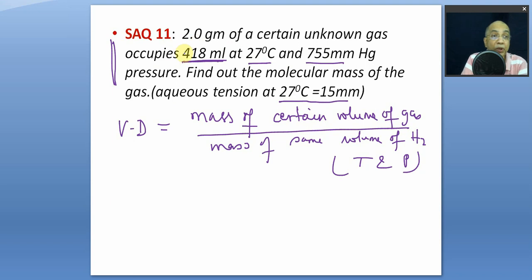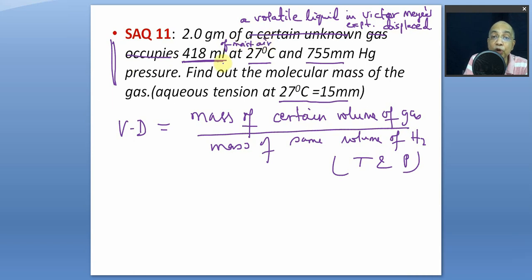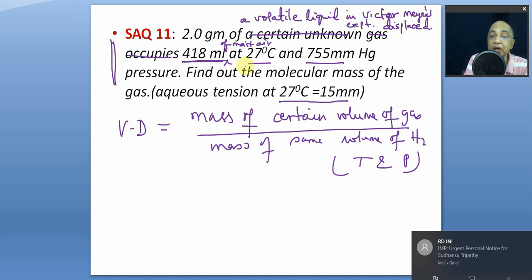Undoubtedly, I will change it, and when you get the printout of this lecture note, you will get a revised one. 2 gram of a volatile liquid in Victor Meyer's experiment displaced 480 milliliters of moist air, because it is collected over water, at this temperature and pressure.